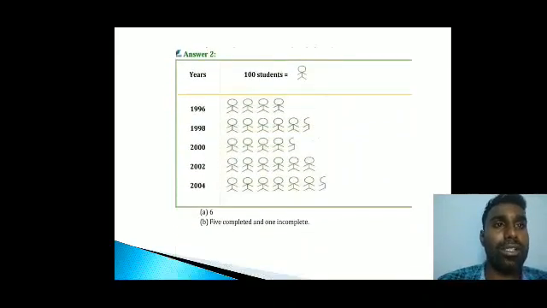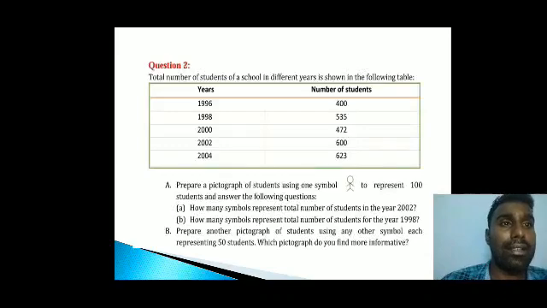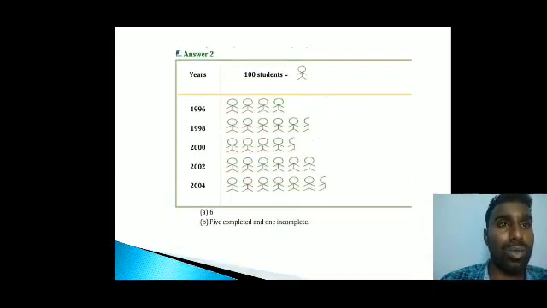So 400 means four complete pictures of 100 each, that means 4 times you have to draw: 1, 2, 3, 4. Next, 98, 535. So 535, you write 500, and for the remaining 35 you have to draw less than half of the picture.